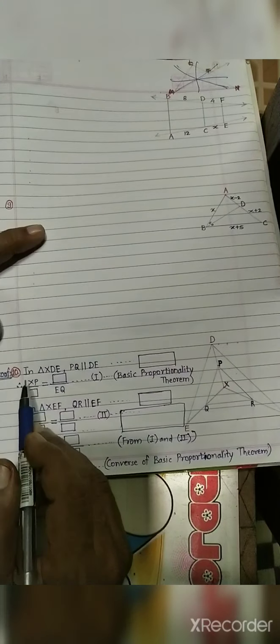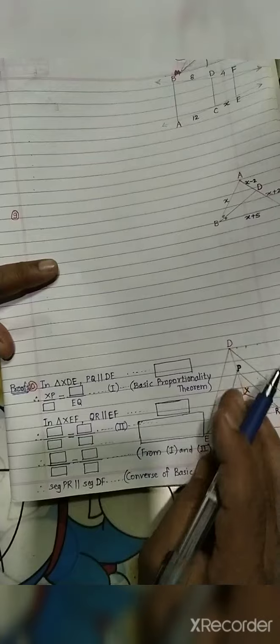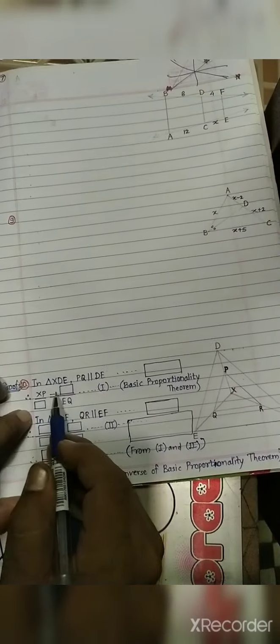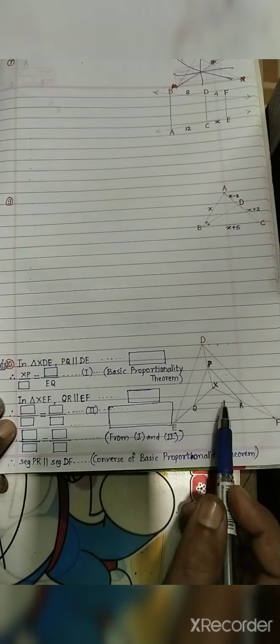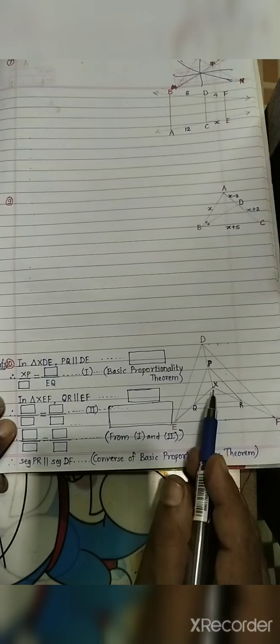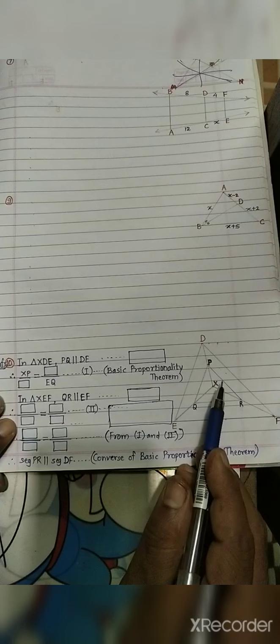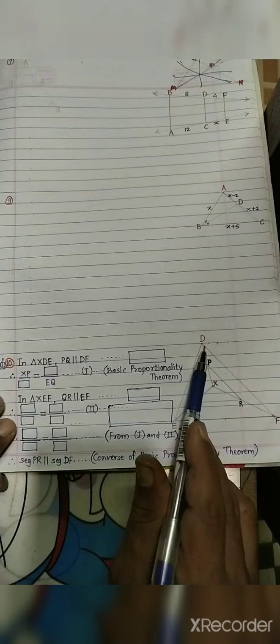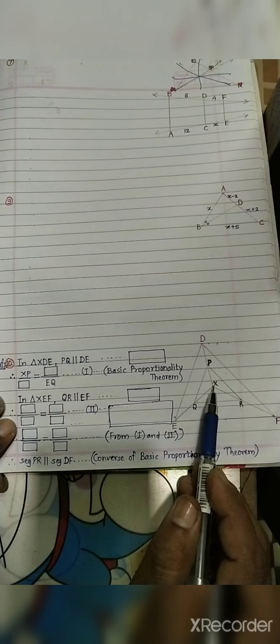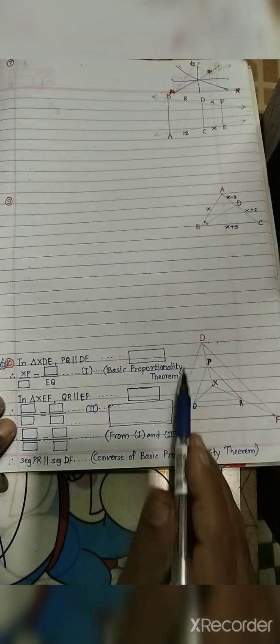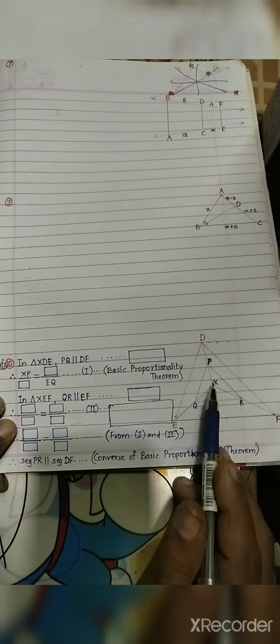Starting with proof. First of all, we have to see here triangle XDE. Can you see that triangle?